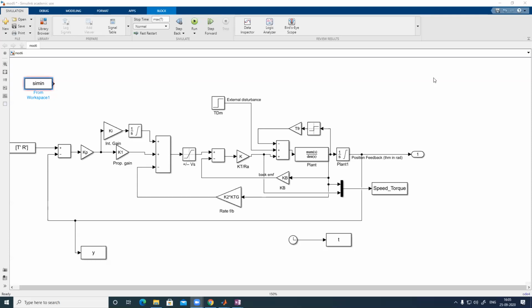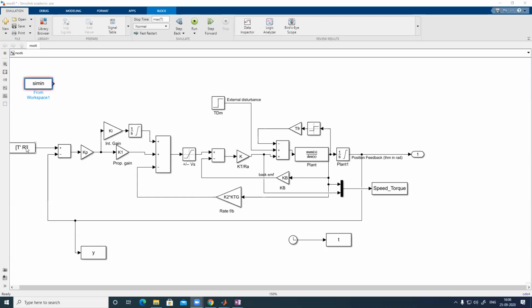Sir, the T dash R dash is the gain block, and we have added that as our first input. Hello? You're muted, sir. Yeah, tell me. The T dash R dash is the gain block that we have added to our input.